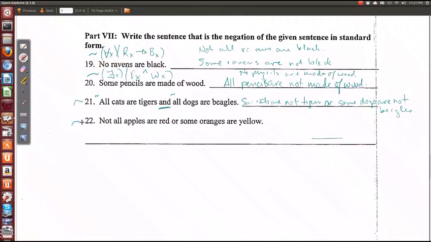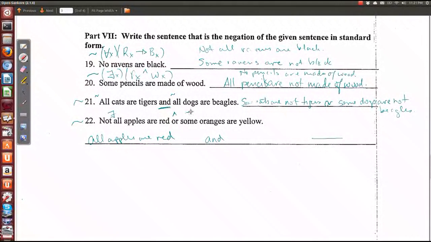The negation of a disjunction gets me a conjunction, so I expect to see the word and. I see not all, that's existential. So if I want the opposite of that, I want the universal. All apples are red.